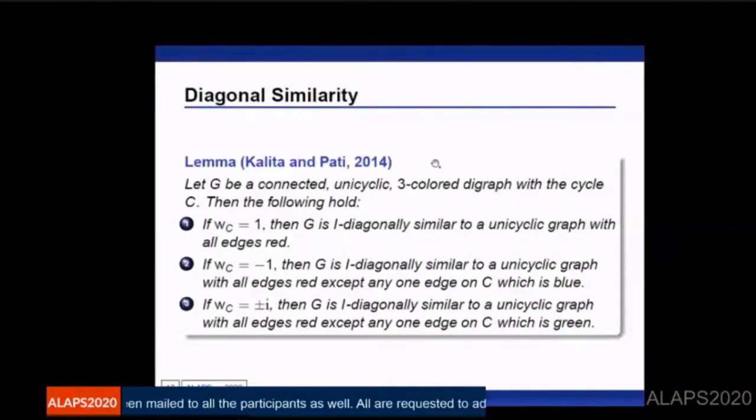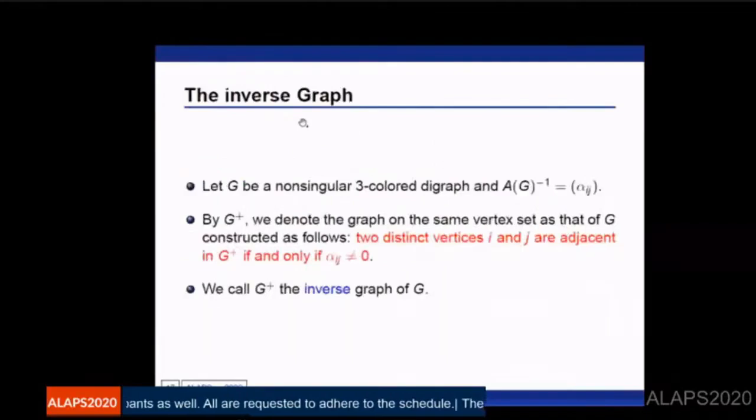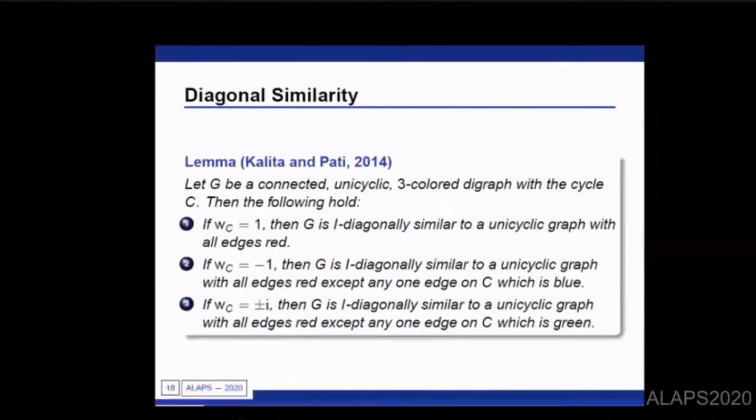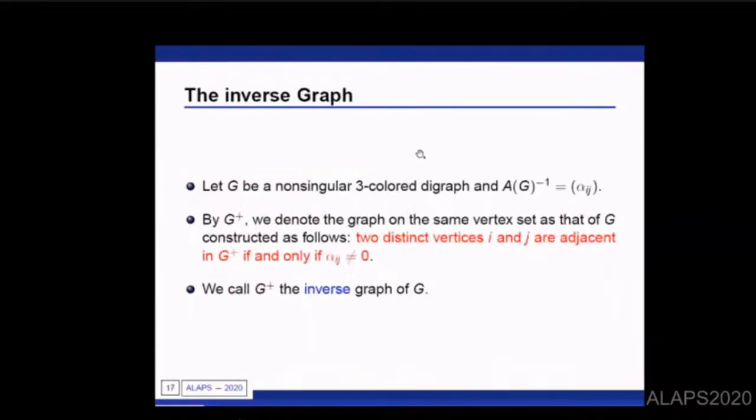Then we move on to the unicyclic case, because what we have seen in the literature is that the adjacency matrix of a tree can be viewed as a matrix similar to the adjacency matrix of a three-color diagram.